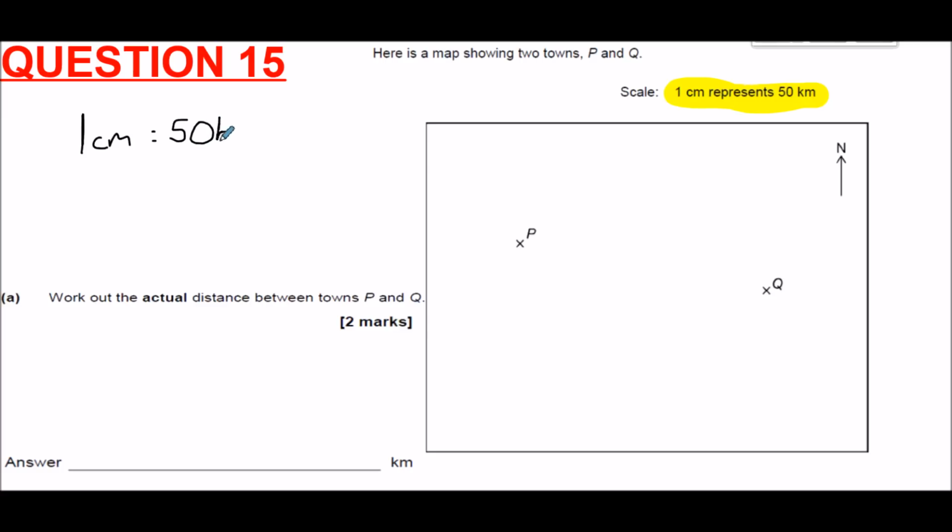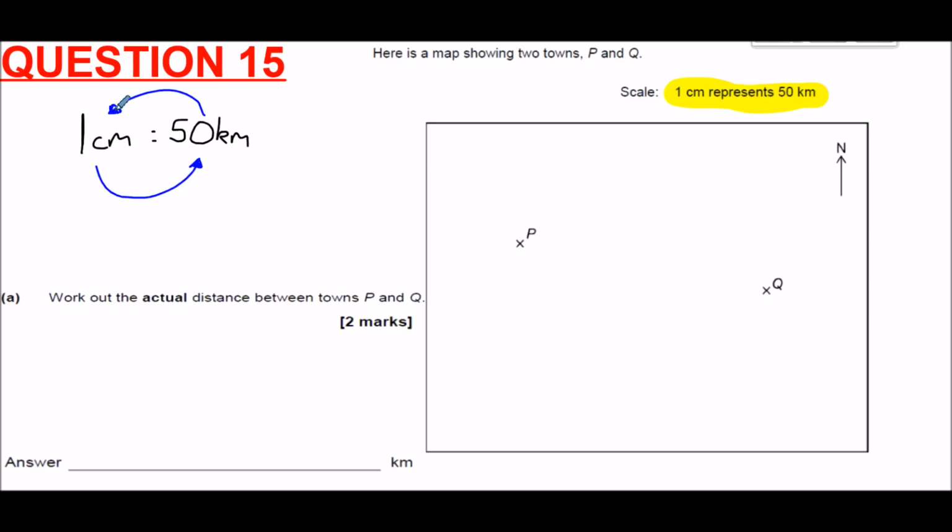Now this is a conversion from the map to real life, and this is a ratio conversion in the form where one number is a 1 but the other number isn't a 1. So if ever you have a conversion in this form, you can change from one to the other by multiplying or dividing by the number that isn't 1.